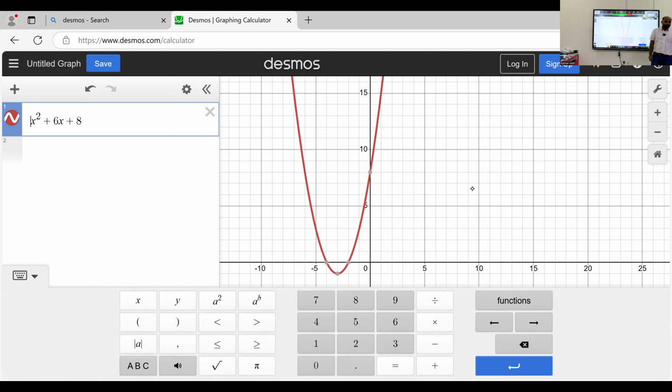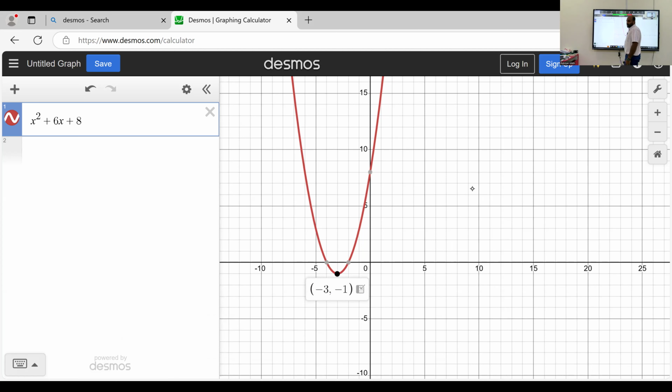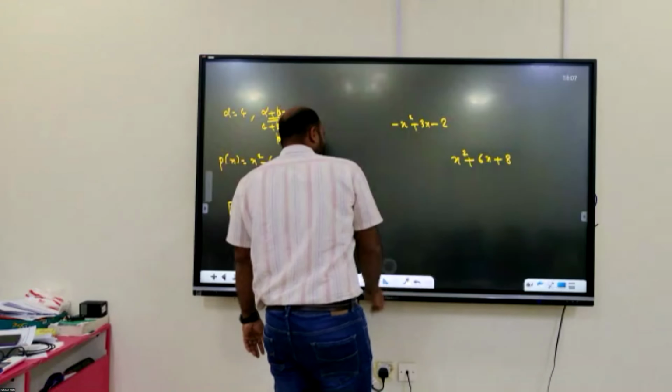Clear? Now I will get this vertex. That I'll tell you next time. There is a way to get the vertex. What is the equation? x square plus 6x plus 8.